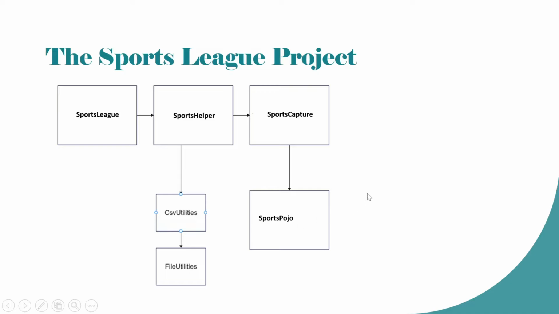In fact, the capture class is going to make an instance of the pojo class, and it's going to use the keyboard input-output so that we can display to the screen and capture the values. You will see that in the code.